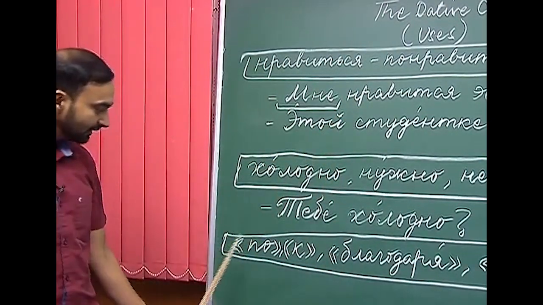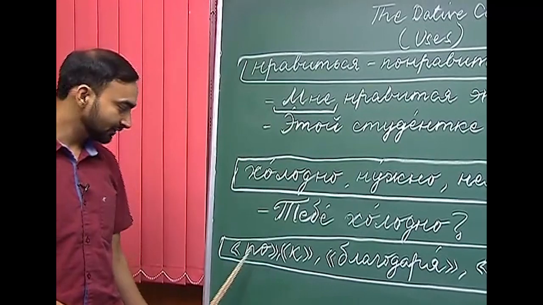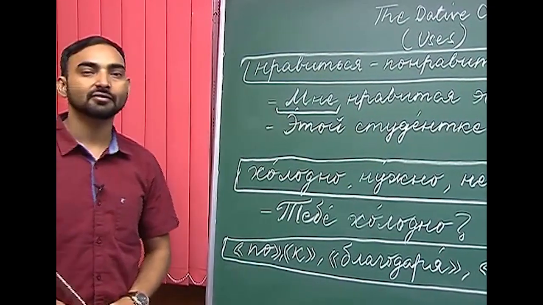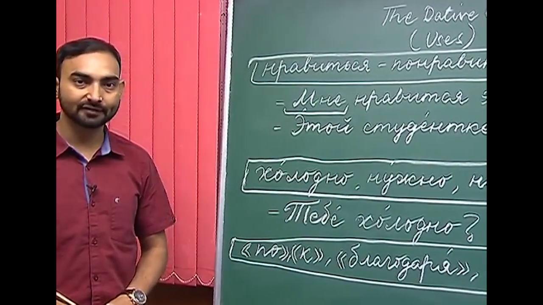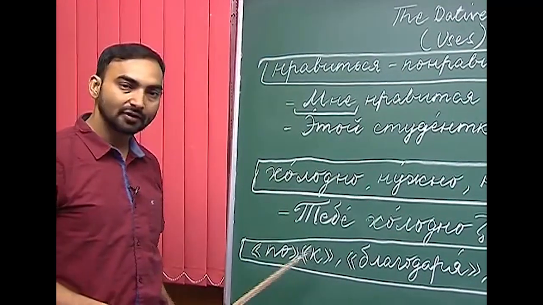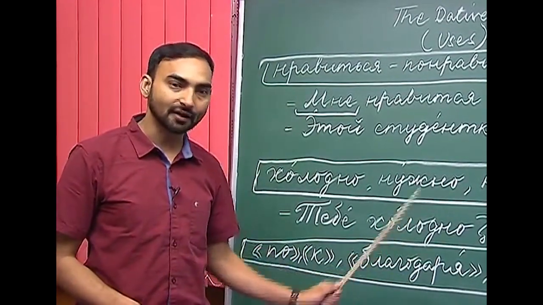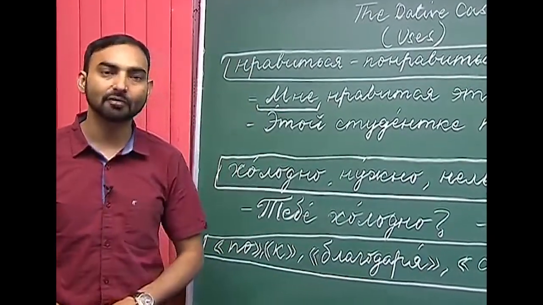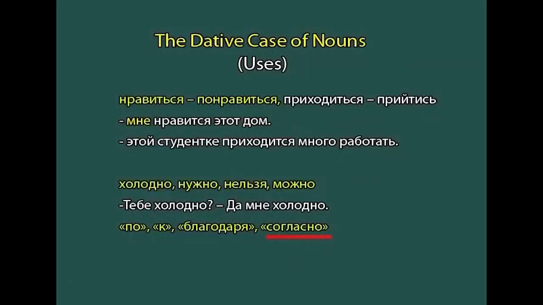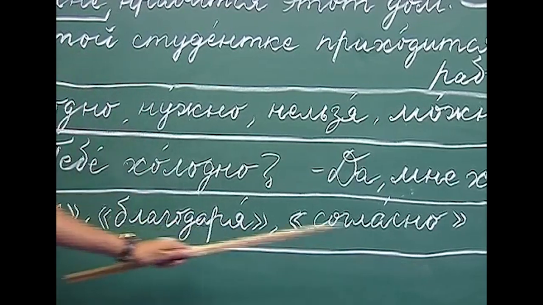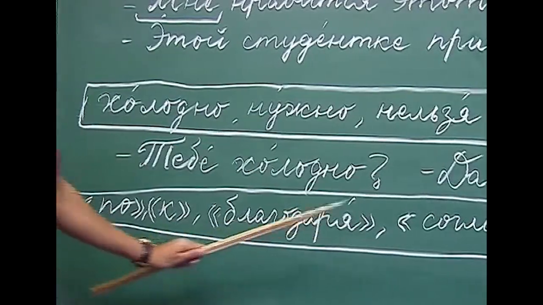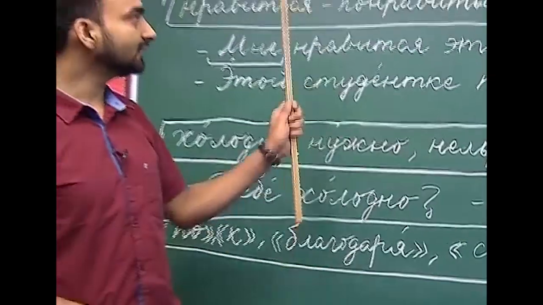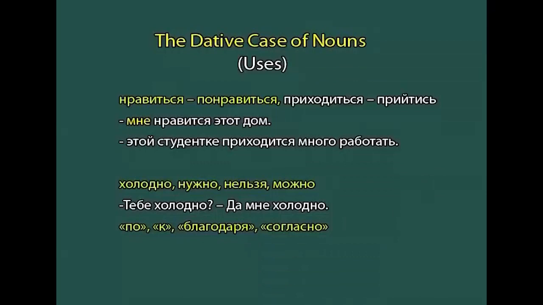For example, the preposition po, which means movement along the surface, ka, movement towards something or someone, blagadarya is thanks to or because of, saglasna is according to or in accordance with. So, these are some of the prepositions after which we use the dative case of nouns.